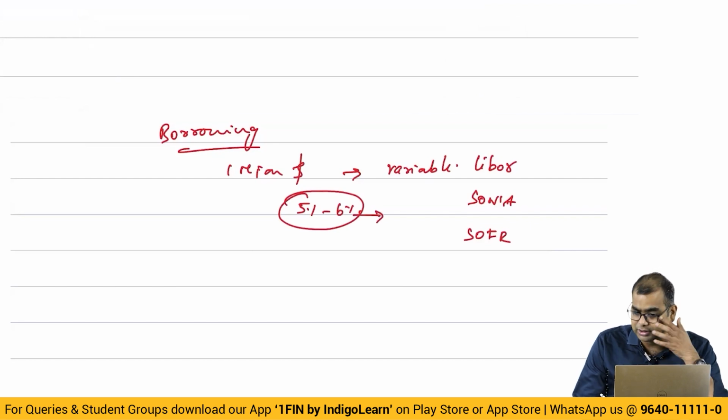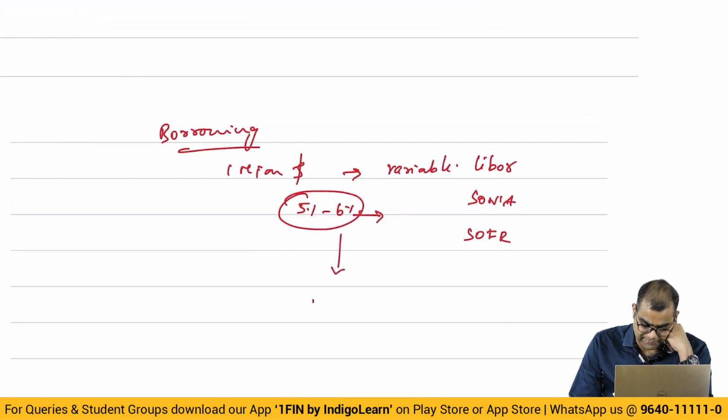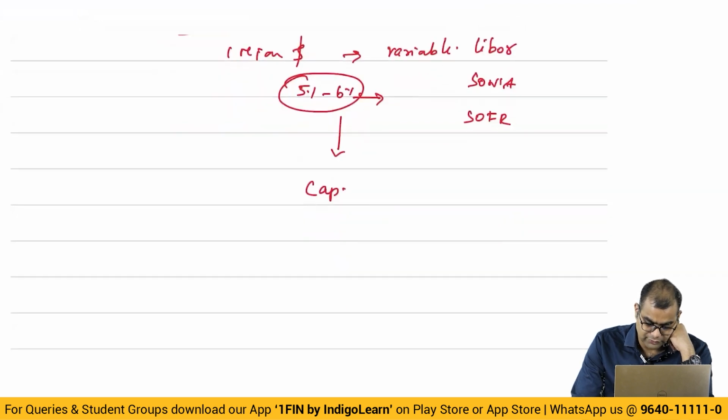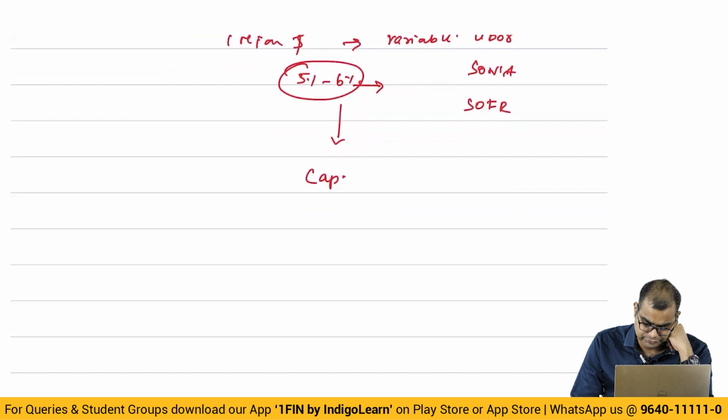So what you do is, you enter into an option called a cap. You enter into a derivative where you say, boss, I know I have borrowed in LIBOR, but I cannot pay if the market goes up beyond 6.